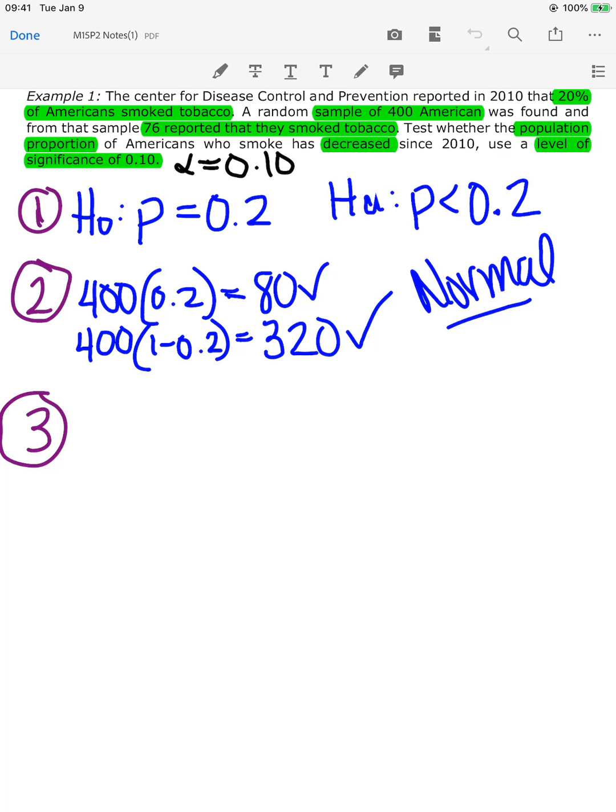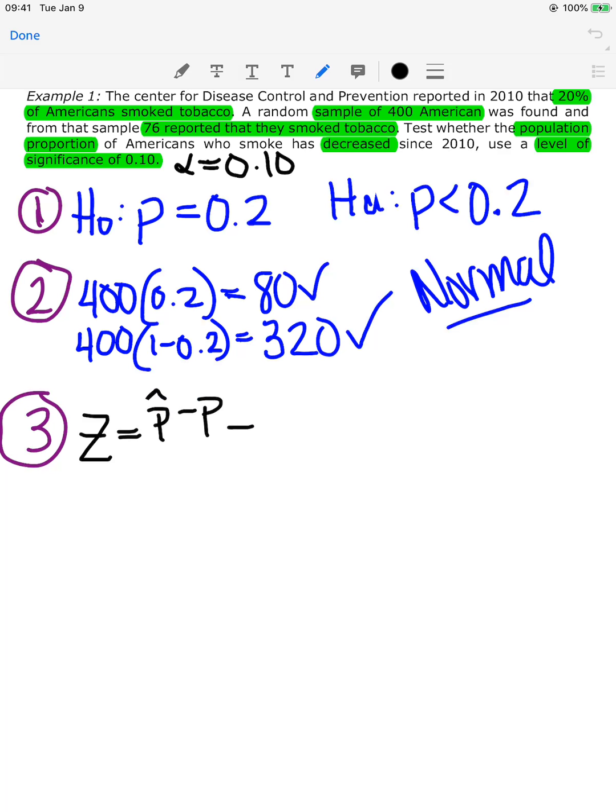So our z-score equation for proportion is p hat minus p divided by the square root of p times 1 minus p divided by n. So we know p equals 0.2 because we established that in the null, but we don't know what p hat is. So we need to take a second and go find p hat.